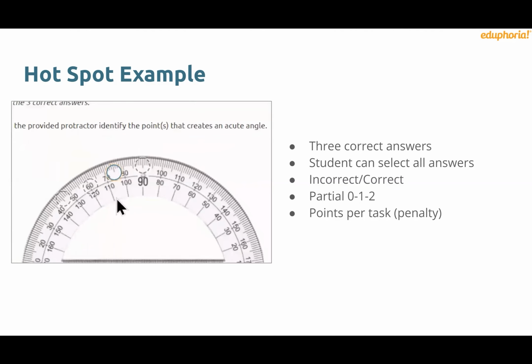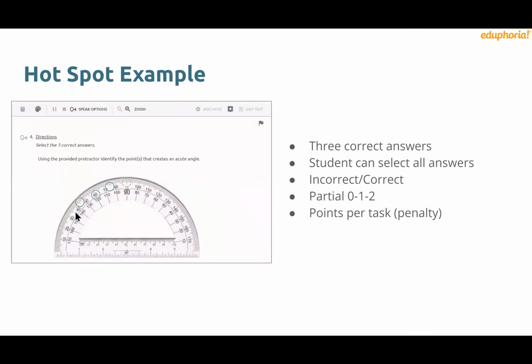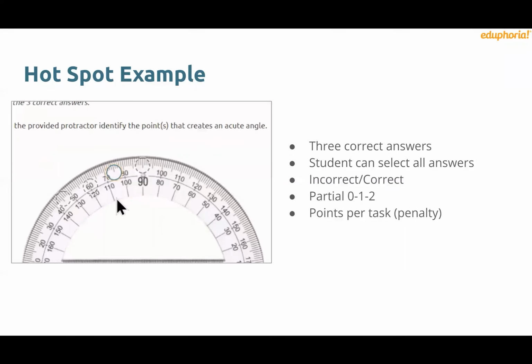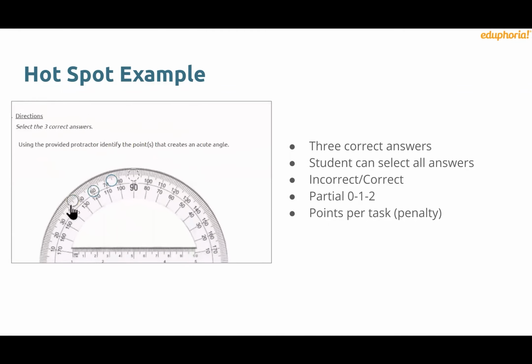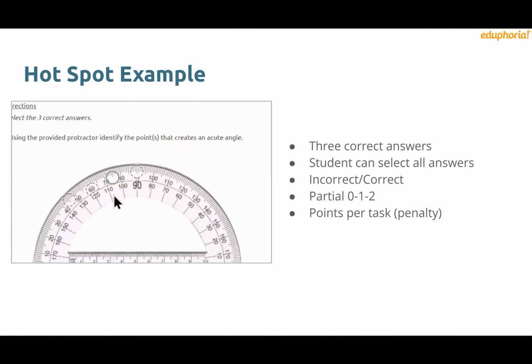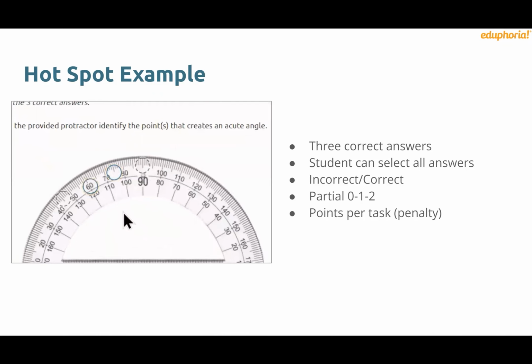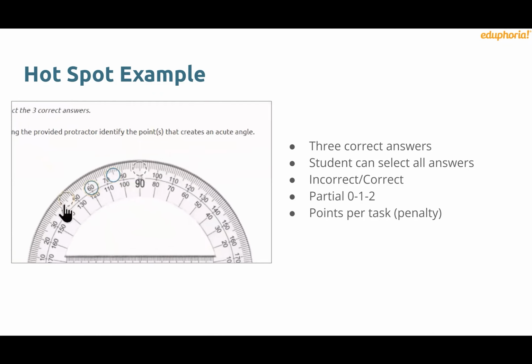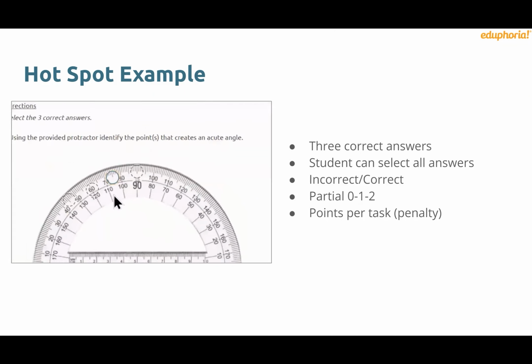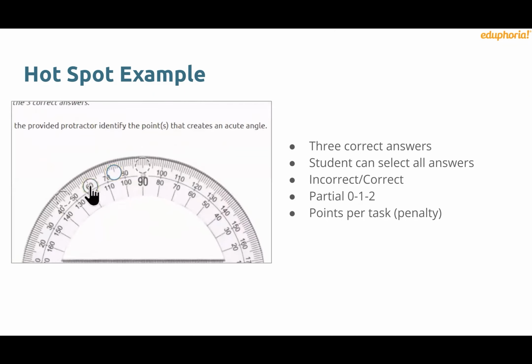And the very last option here is points per task. Again, if you really want to see how many of these actual tasks they get correct, then they would have a potential of earning 3 points in this question. So if they got all 3, they would get 3 points, 2, 2 points, 1, they would get 1 point. And if they didn't get any, they would get 0.